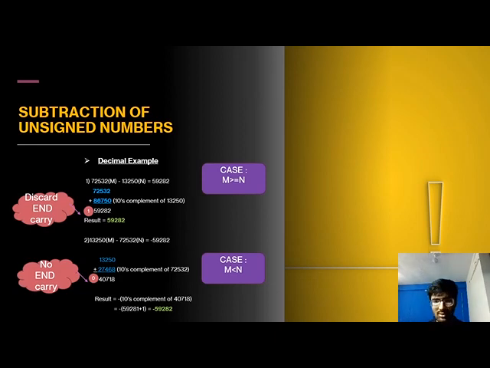Then you have to take the r's complement of n and add it to m. Here we have taken m equal to 72532 and n equal to 13250.